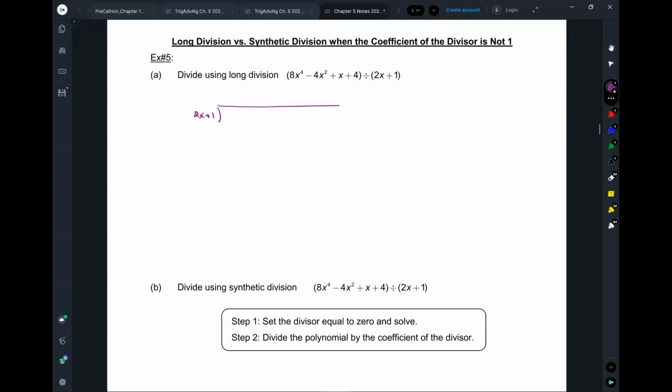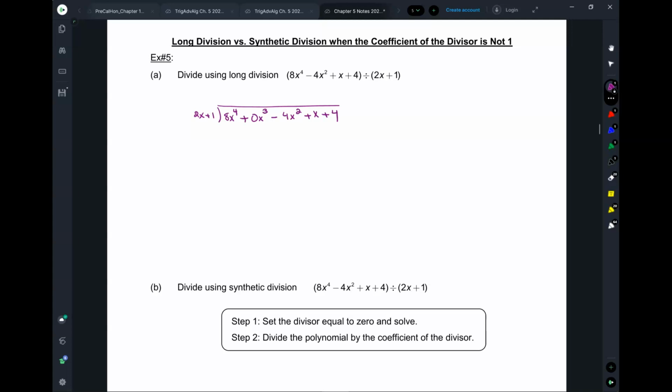You're going to have to compensate for that as well. So I have 8x to the 4 plus, because this one has the variables, we're going to have 0x cubed. And then continue. Is it always plus? Yeah, because it's 0. It doesn't really matter.